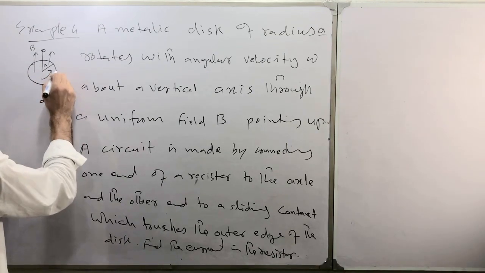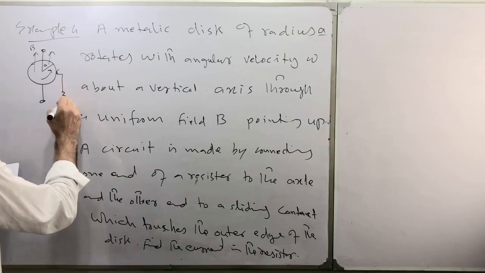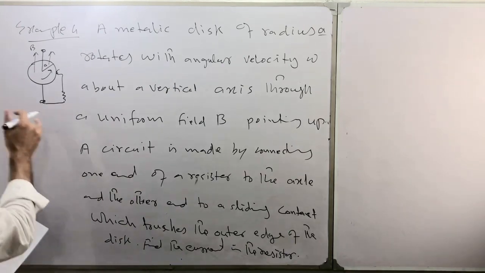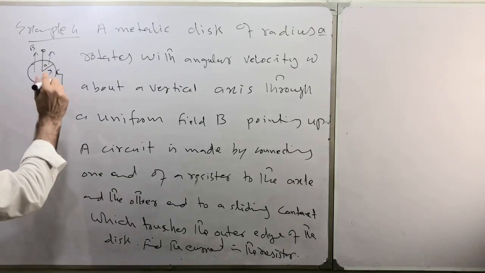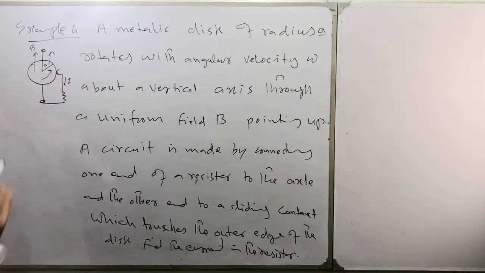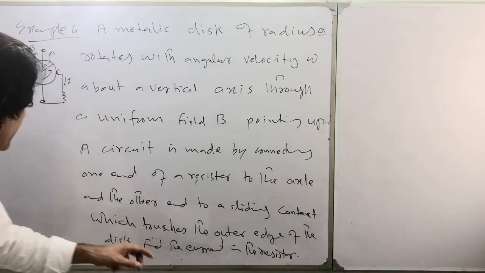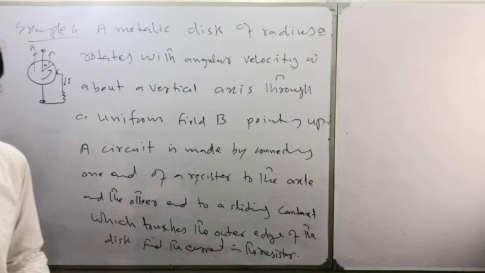This is being touched to this, and here is some resistance, which also touches to this. If it rotates, then current flows in this circuit. So we have to find out the current in this circuit.